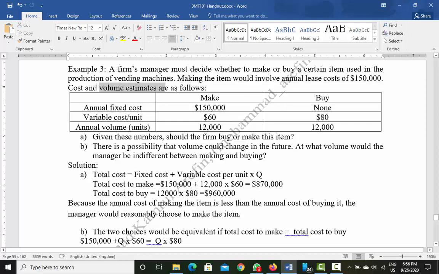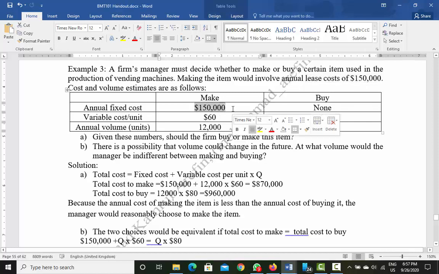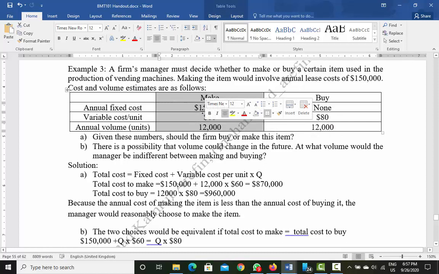Cost and volume estimates are as follows. Annual fixed cost, if the company makes or produces the equipment, is an annual lease cost of $150,000.